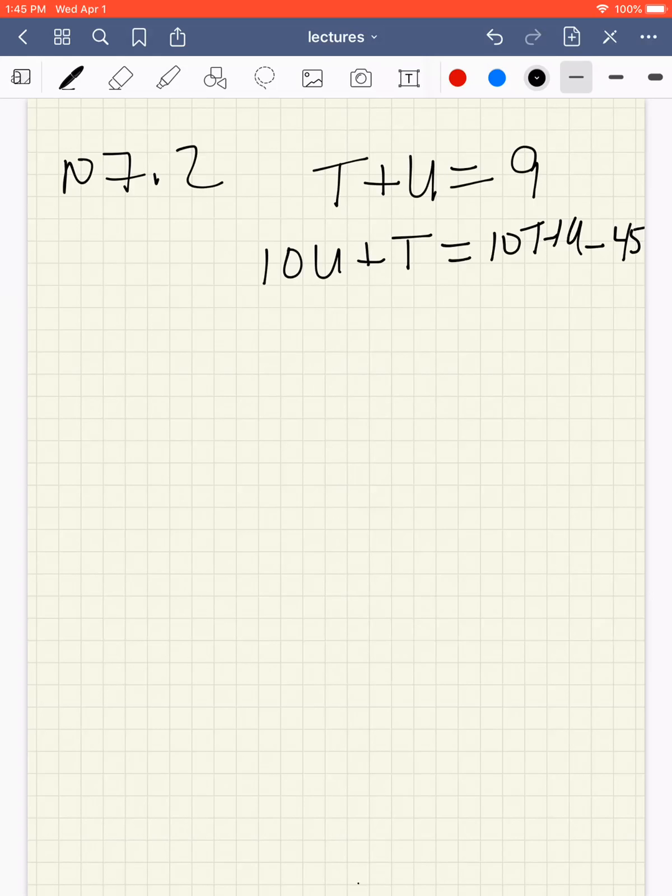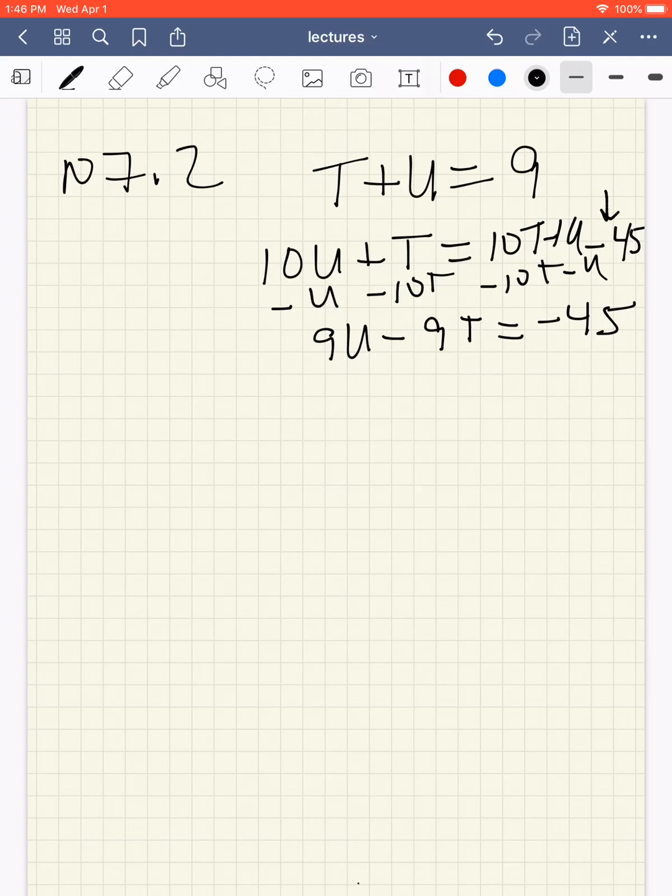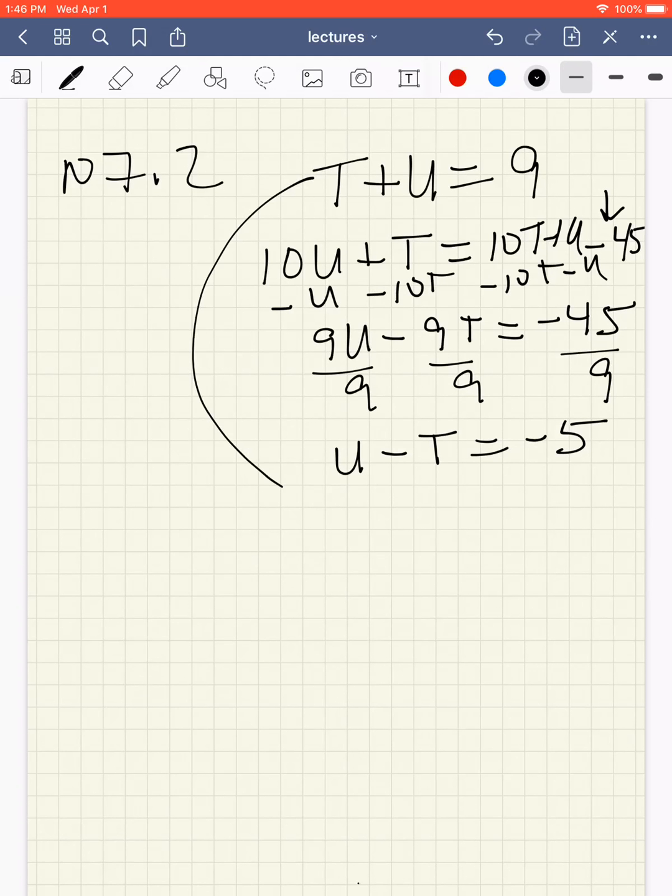All right, so here I will subtract 10T from both sides, subtract U, so I have 9U minus 9T equals negative 45. Don't drop that minus right here. So here again we can divide everything by 9. So U minus T is equal to negative 5. Bring this down here.